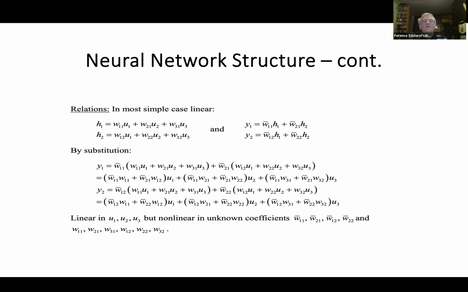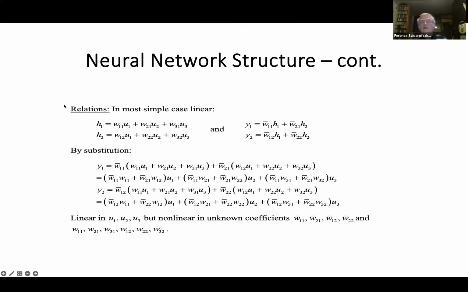So mathematically, the hidden layer variables are combinations of the input variables, and the outputs are combinations of the hidden layer variables, where these W's and the W bars are unknown up to this point.